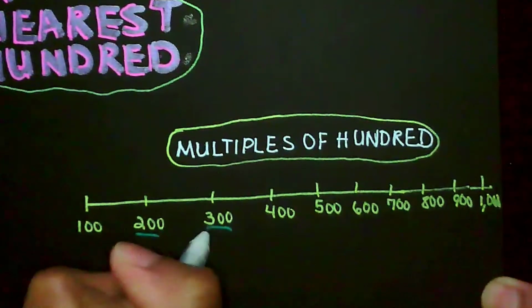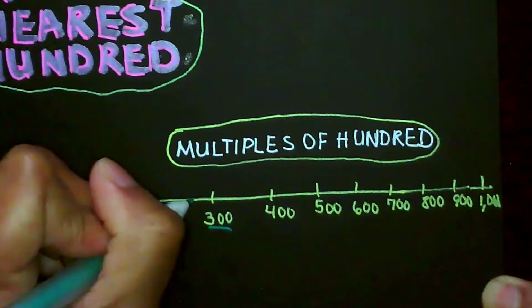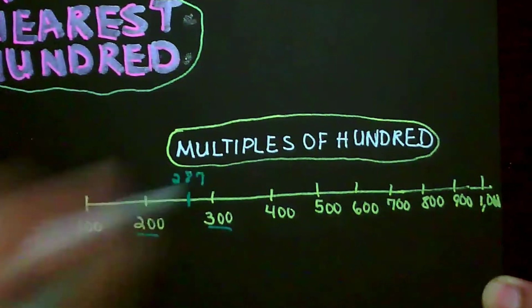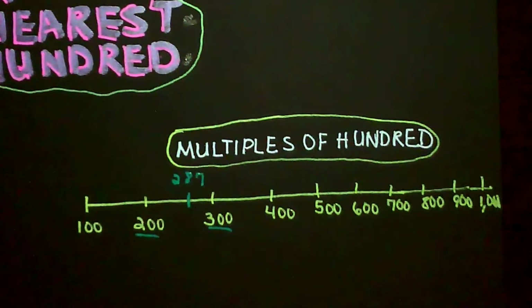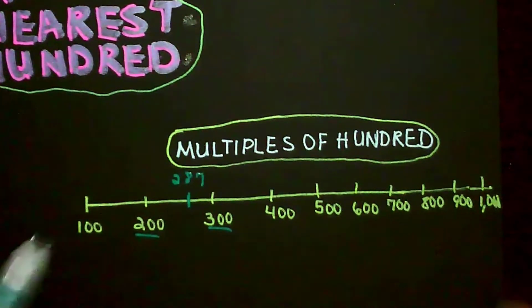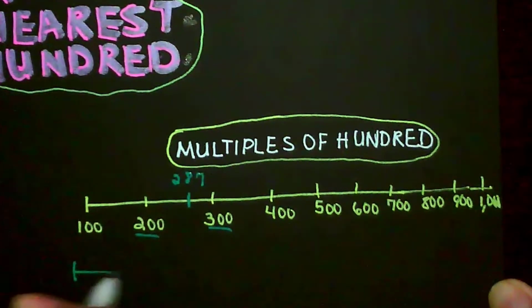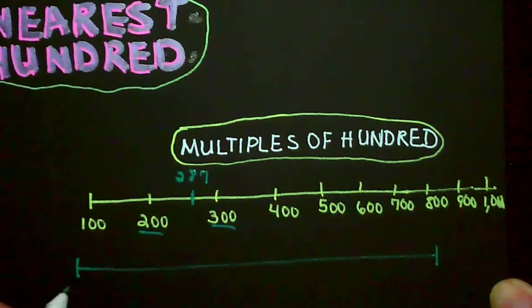The number 287 falls in between the numbers 200 and 300, and it's about right here on this number line. And if we break this down a little bit further, we'll find out how close 287 is to either 200 or 300.